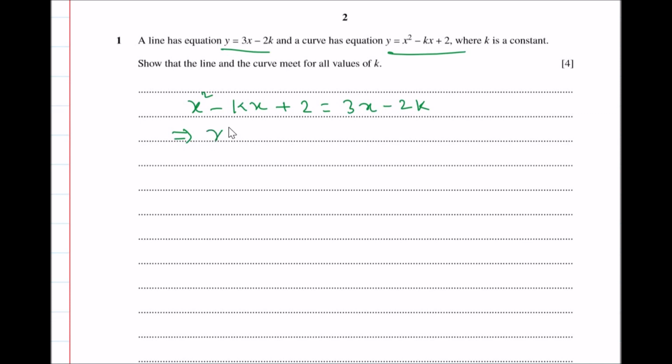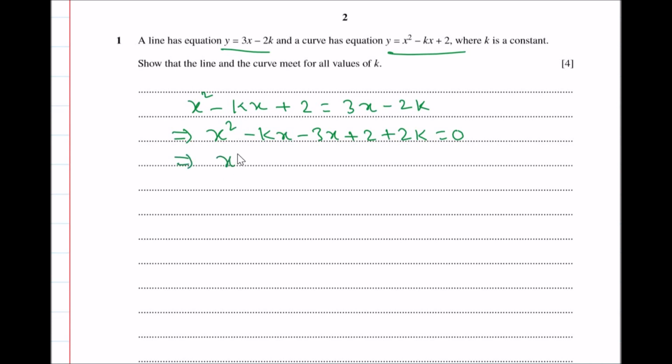So let's write here x square. Now minus kx and 3x bringing this side, it becomes minus kx minus 3x. So I'll write together, sorry, minus 3x, plus 2, and minus 2k bringing left side becomes plus 2k equal to 0.